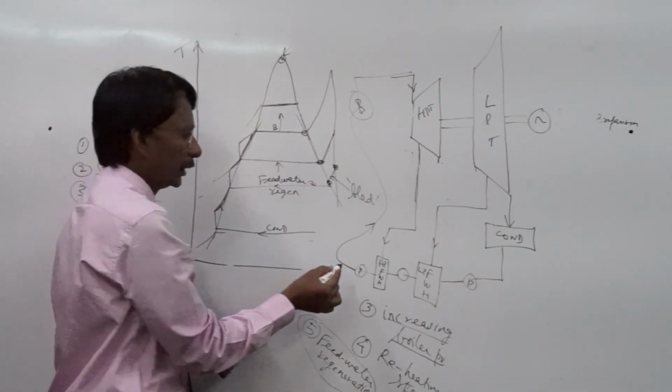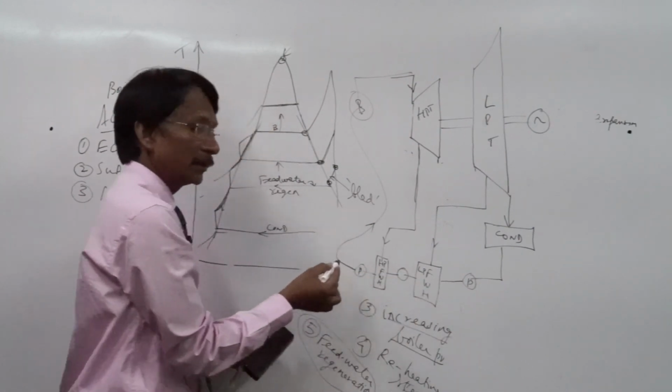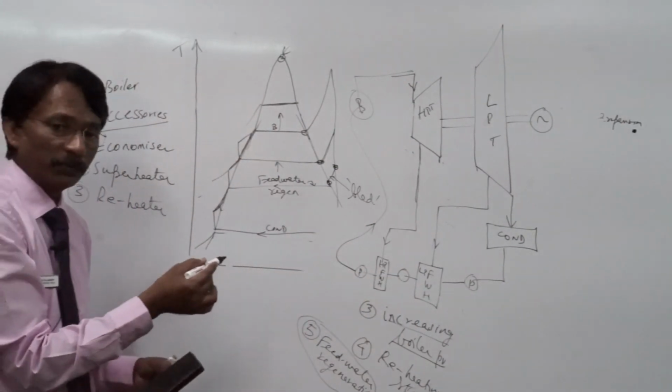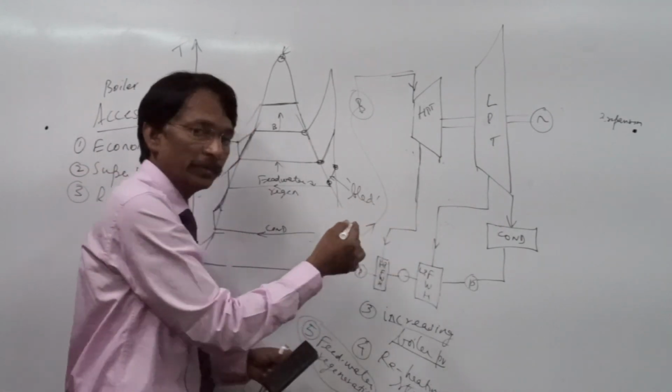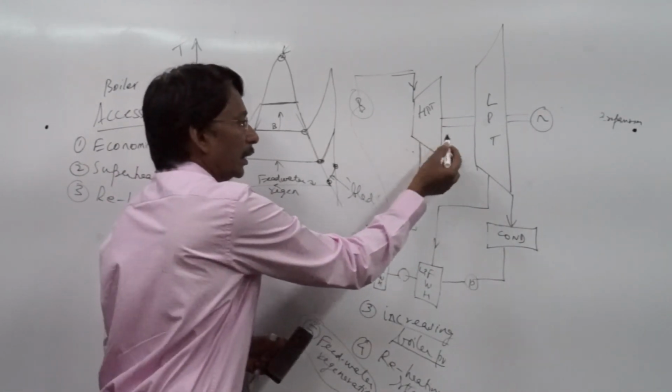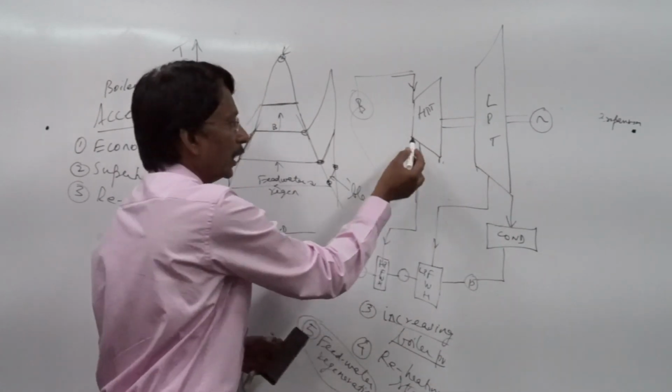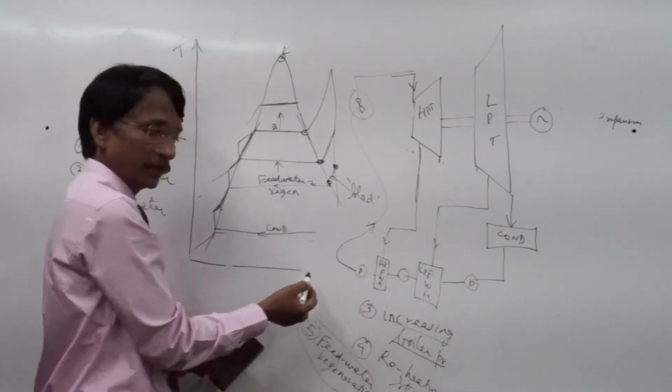So, feed water temperature is raised by mixing a portion of the steam which is bled from the low pressure turbine stage as well as the high pressure turbine stage.